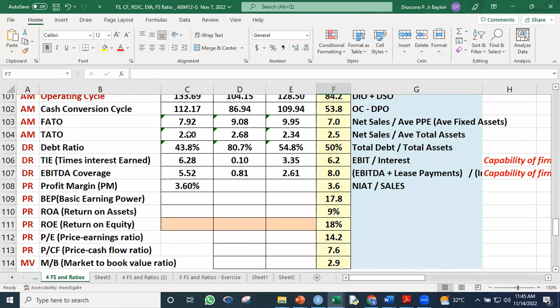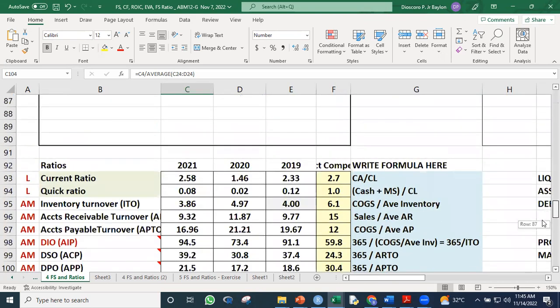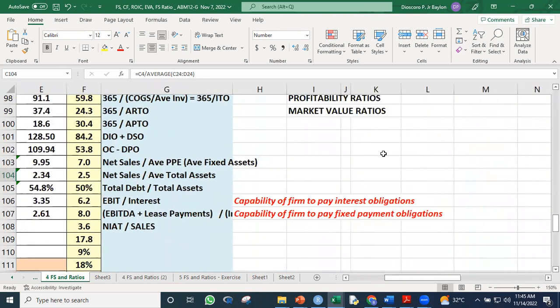Here. Okay, then 2.2, no? Okay, so let's say our sales was 7 million. No? 7 million sales natin. Tapos, si competitor, 5 million lang.